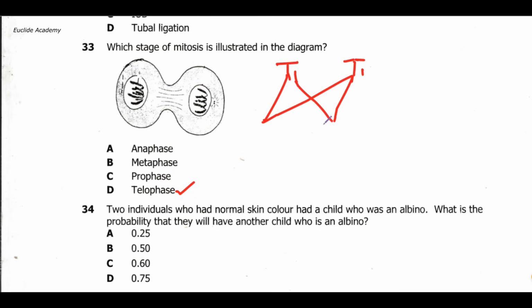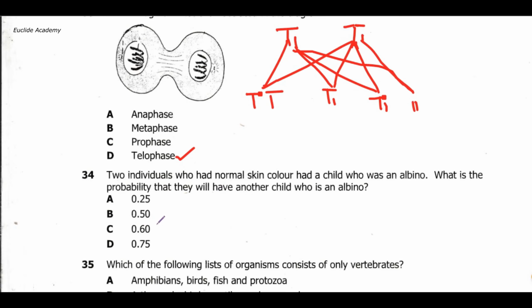and we know that this is recessive, so it could be this child was not a carrier, this child was a carrier but didn't actually show, and then this one also was a carrier but didn't show, and then this one would have been dominant, and we're remaining with this one here, which was actually an albino.